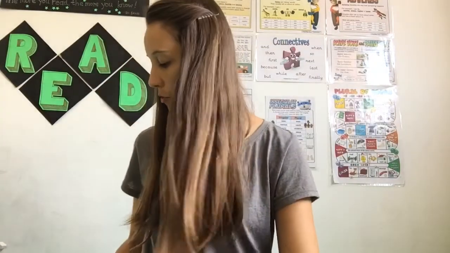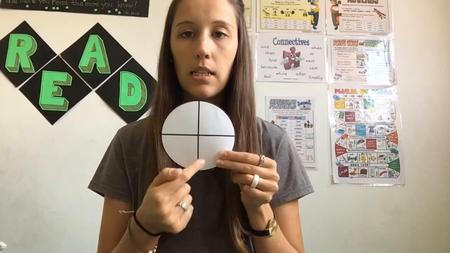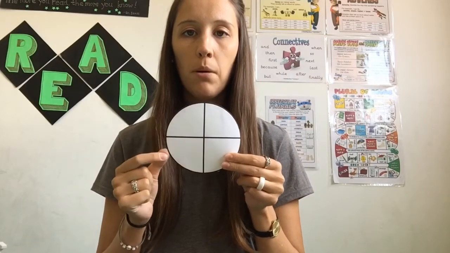What if I have 3 friends that I want to share with? I will take my chocolate and cut it into 4 pieces. 1 for me and 1 piece for each of my friends. Do you see? I have a whole chocolate and I cut it into 4 pieces.